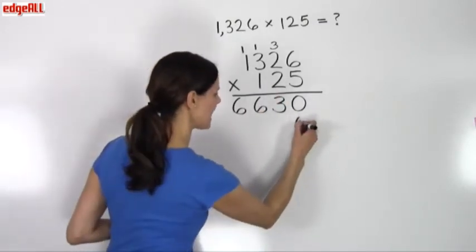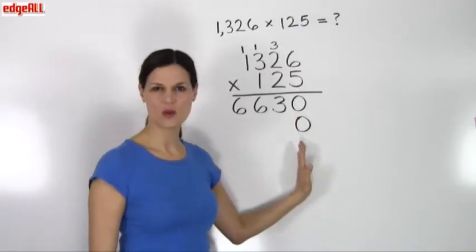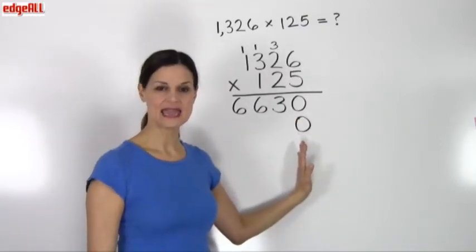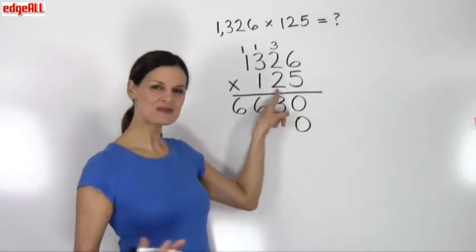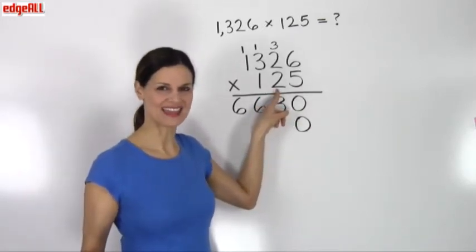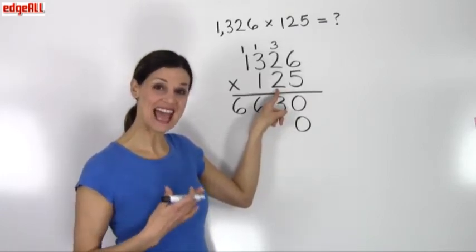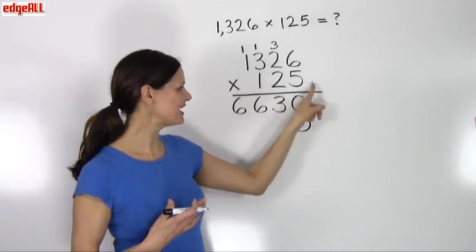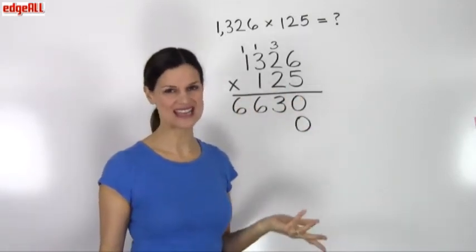So in this case, I'm going to add this 1 0 here, holding my position here in the ones place. And now I'm over here working with this 2. I'm really multiplying everything by 20 because this 2 in the tens place of the 125 actually represents 20.